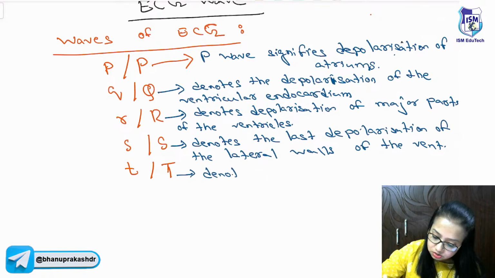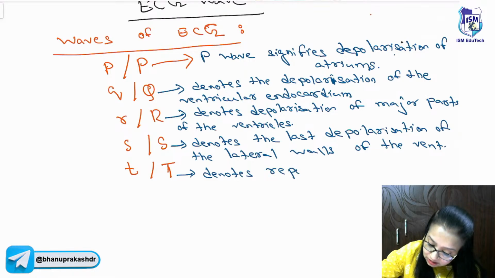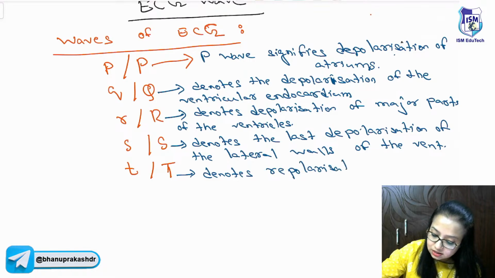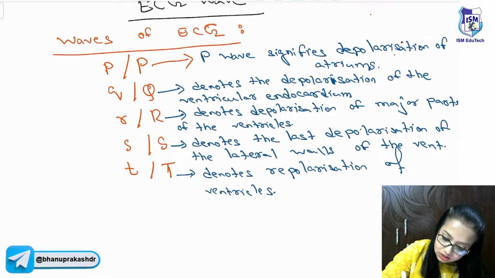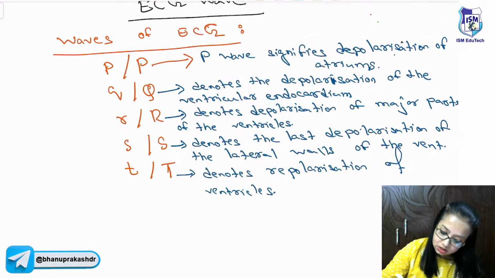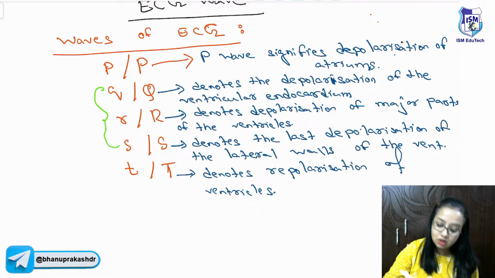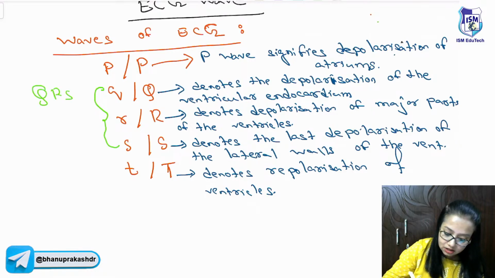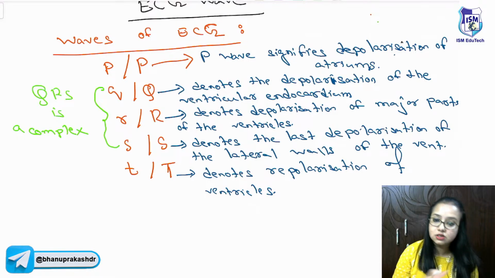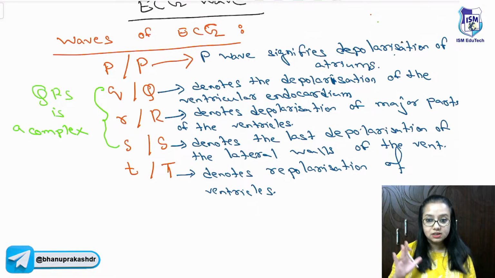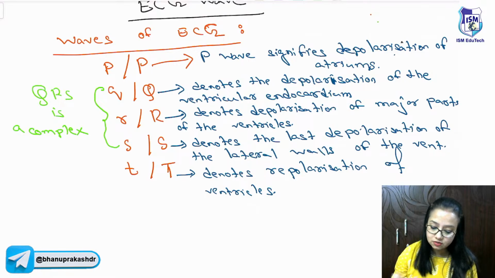It denotes the repolarization of the ventricle. And another thing that we know, what is that? QRS is a complex, right? Which is altogether denoting the depolarization of the ventricle. Okay, these are the waves of the ventricle.